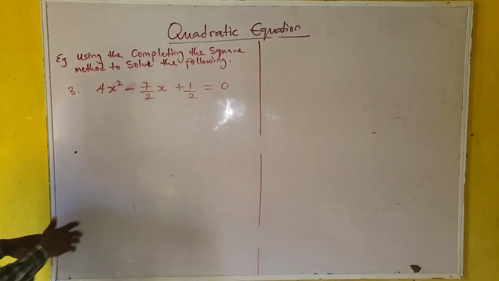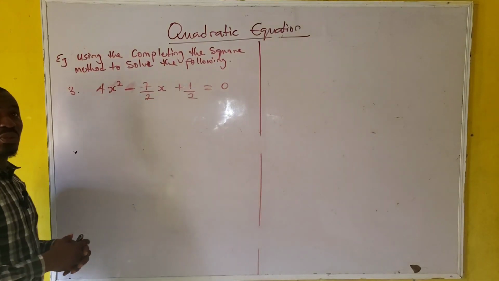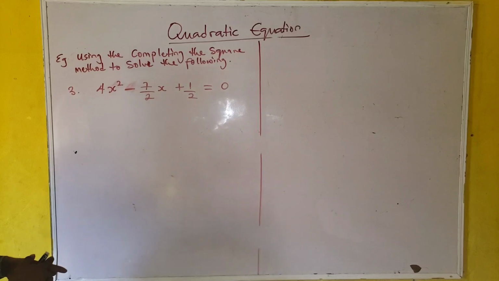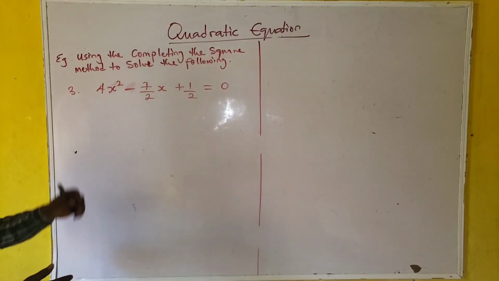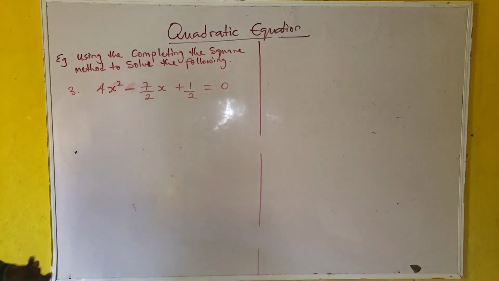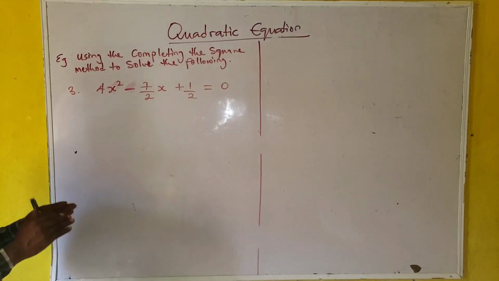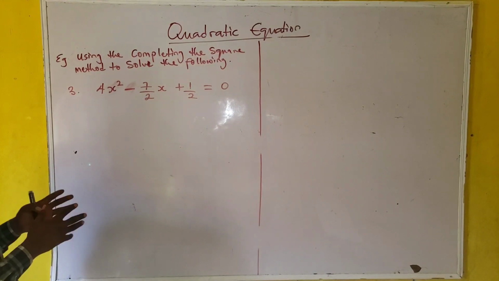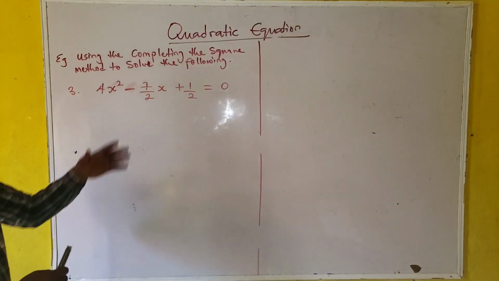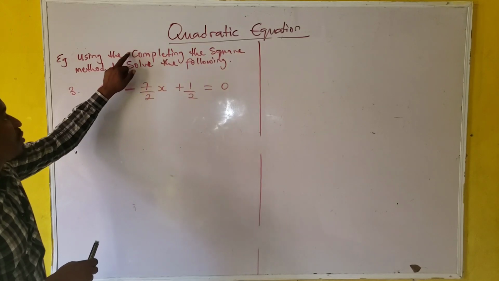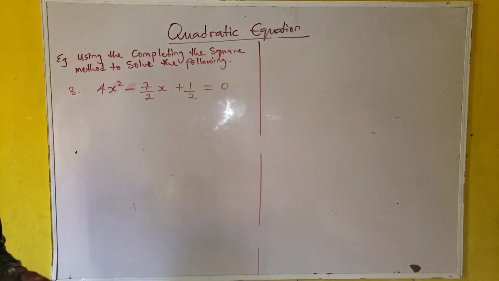Okay, so it might give us a real number as a solution. It might still give us a complex number as a solution. I don't know yet, but we are going to solve it together. Whichever one that we have, the most important thing is for you to understand that despite the nature of the equation, so long as it's a quadratic equation, you can actually use your completing the square method to solve.